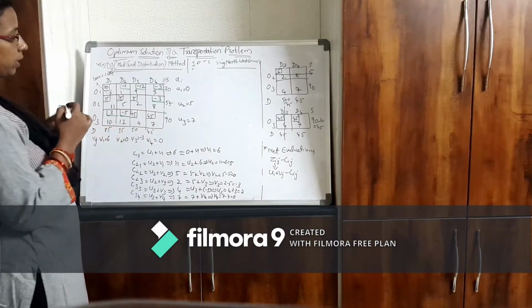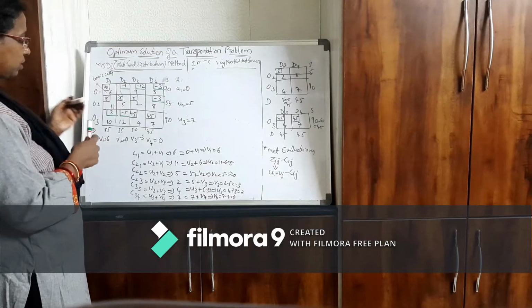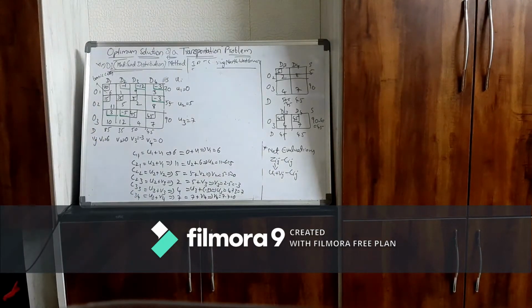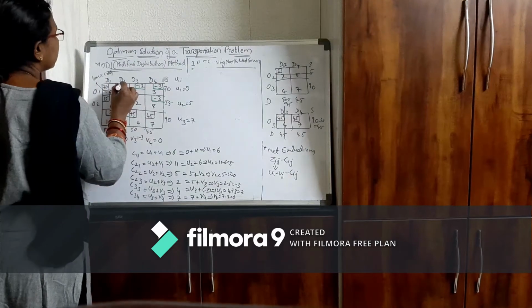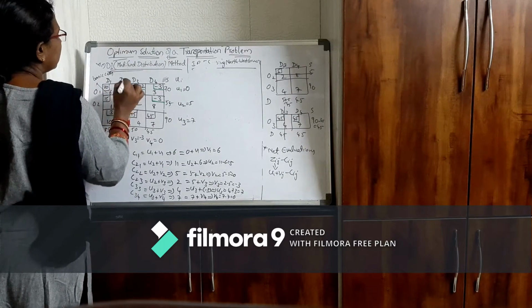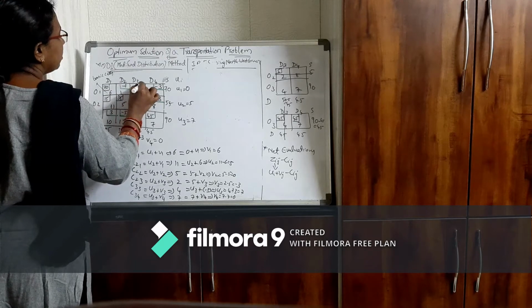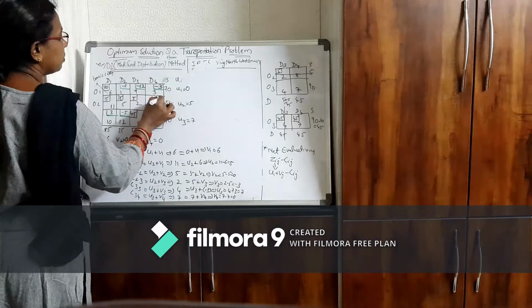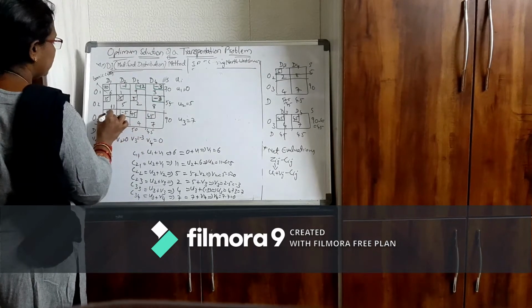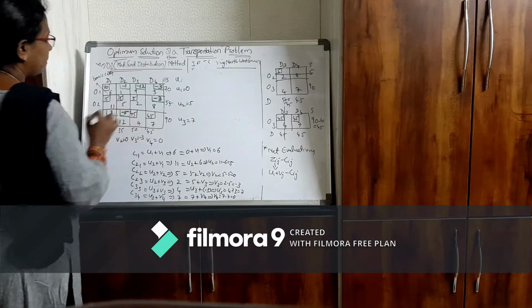So now I have calculated all the net evaluations. Or else it will be better if I write the net evaluations also with green color. Minus 1, minus 12, minus 3, this is also minus 3, plus 3, minus 5.